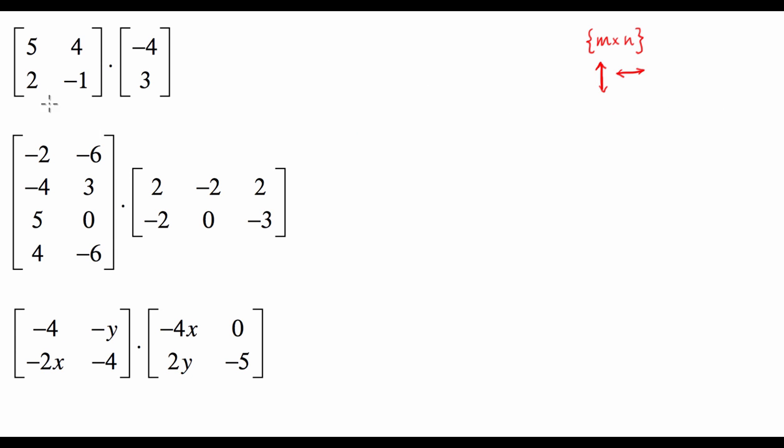To start with, we have a 2 by 2 matrix, and we're multiplying that with a 2 by 1 matrix.